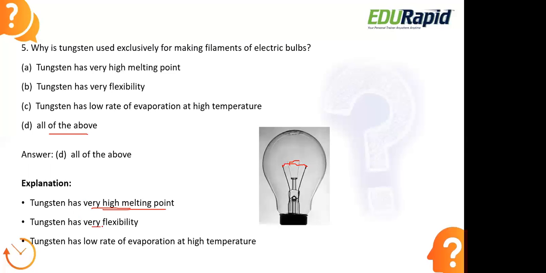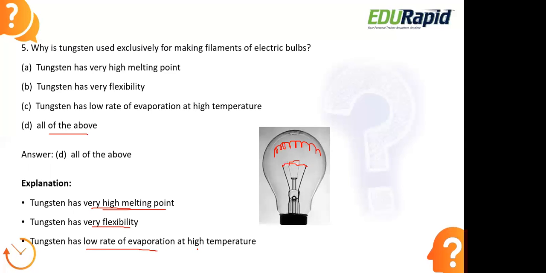It is also very flexible, so we can make a coil out of it to make a filament, which is a suitable property for making the filament. The next property is that tungsten has a low rate of evaporation at high temperature.